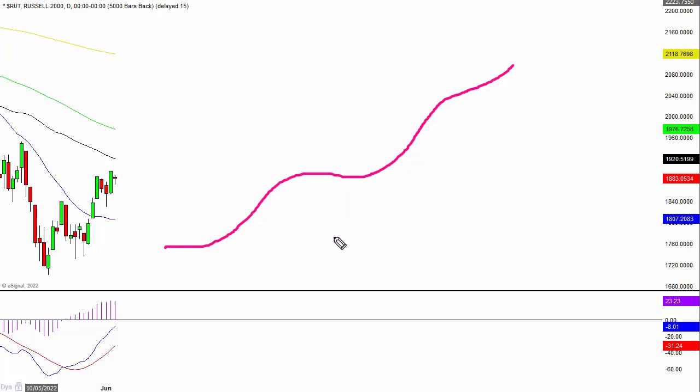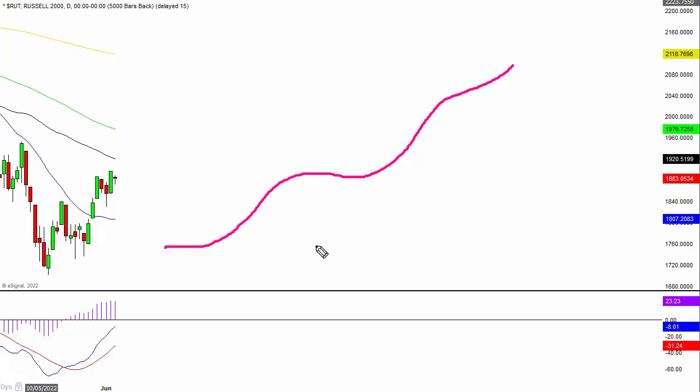You're either going to be looking to buy pullbacks, or you're looking to buy breakouts. So if I want to create a strategy, I need to have a trending market first of all. So what do I do? If you're going to have a checklist, what do I want to use to define a trending market?